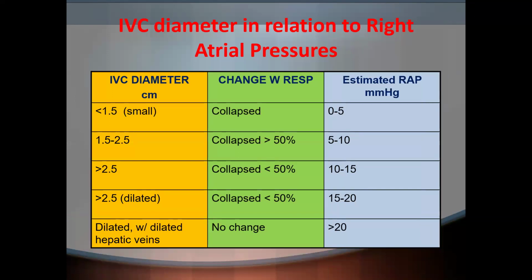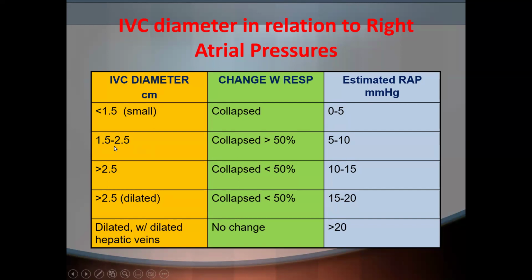IVC diameter and also its collapsibility or distensibility sometimes give us a clue about the estimated right atrial pressure. If the IVC diameter as a static measurement is below 1.5 centimeter, meaning it is collapsed or small, and during inspiration as a dynamic measure it collapses, the estimated right atrial pressure or CVP is 0 to 5.